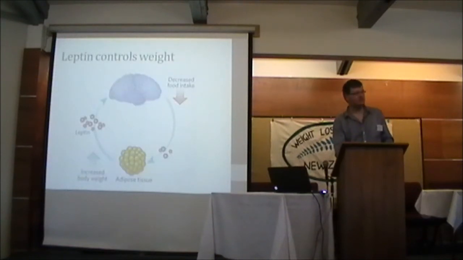So what I want to do is just talk about one of the hormones involved, which is leptin, because it's quite an interesting story. And I think understanding how leptin works gives you an idea of how these hormones actually work. Leptin was discovered about 15, 20 years ago, and it was found that leptin decreases appetite and causes satiety, and it's released from fat cells.